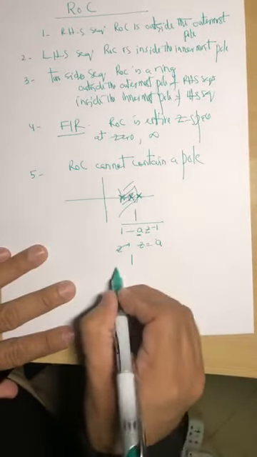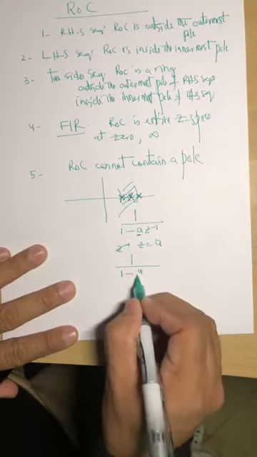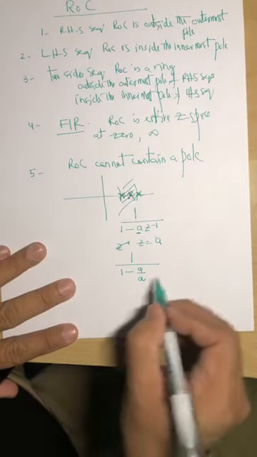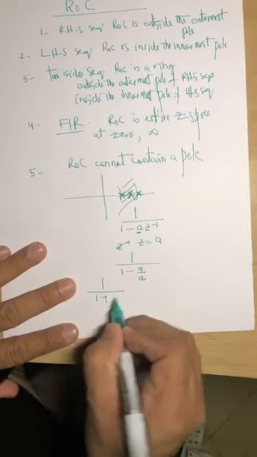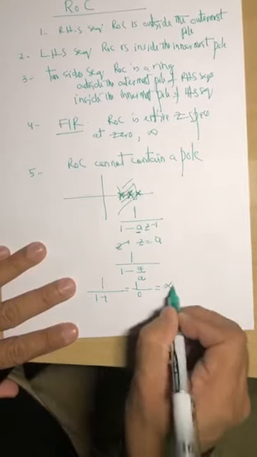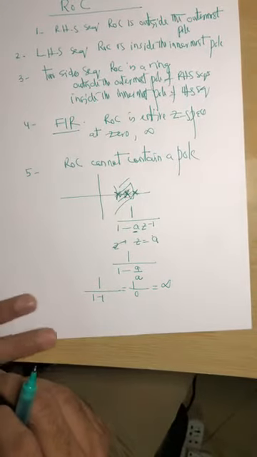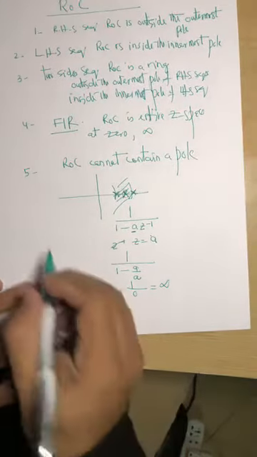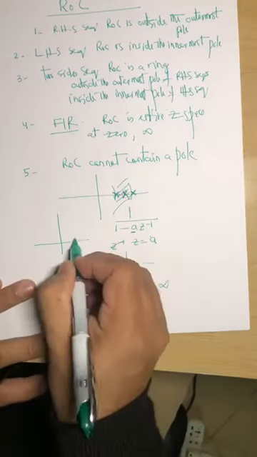So at the pole, if you put Z equal to A, it becomes 1 minus 1, which is 1 over 0, which is equal to infinity. Why is it called a pole? Because the value of the Z transform at the pole goes to infinity.